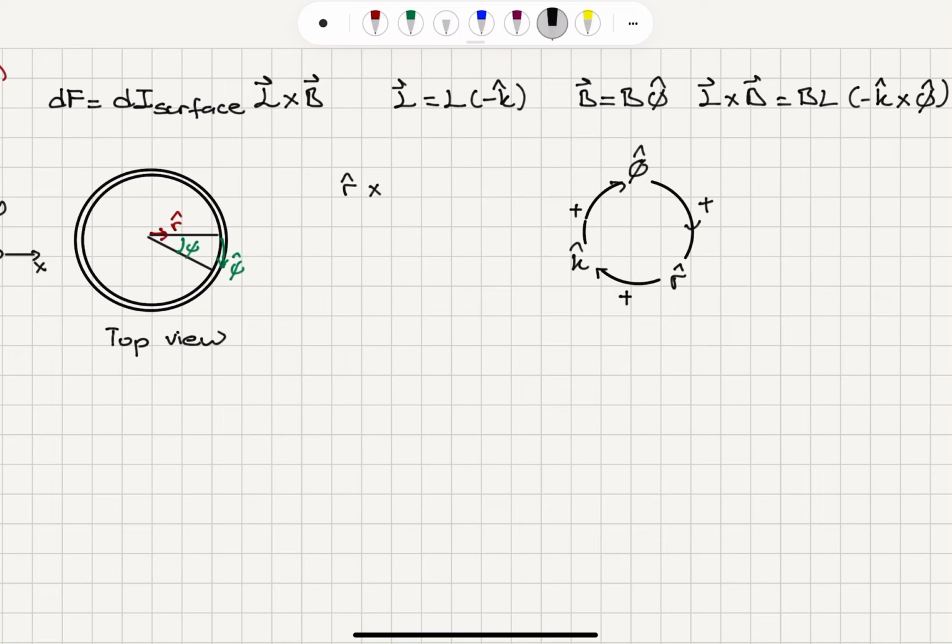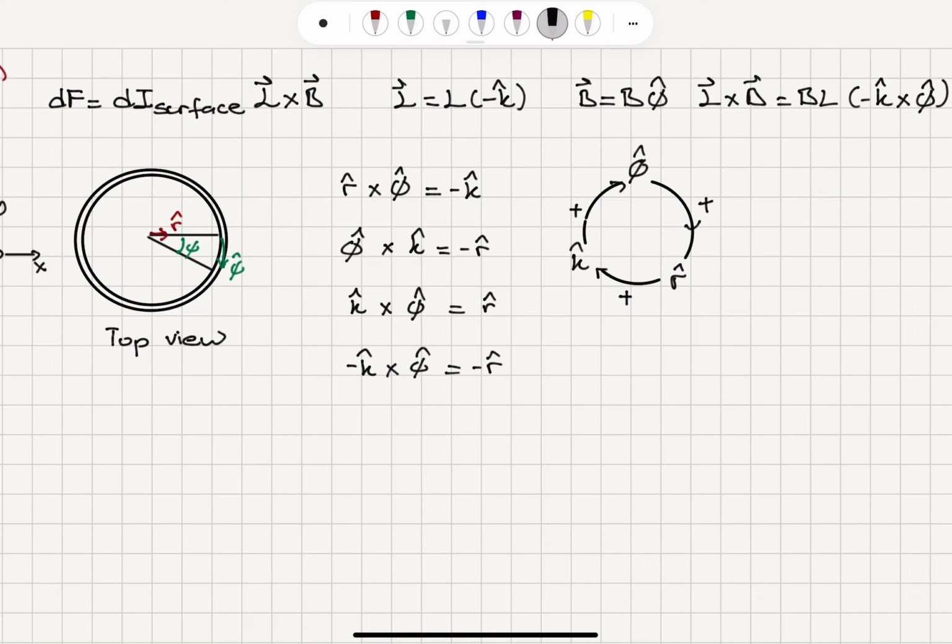R hat cross phi hat is minus k hat. Phi hat cross k hat is minus r hat. And k hat cross phi hat is plus r hat. Therefore, minus k hat cross phi hat is pointing radially inward. It's in minus r hat direction.